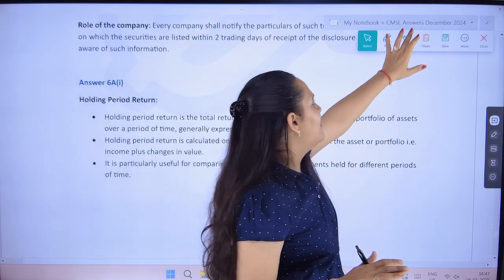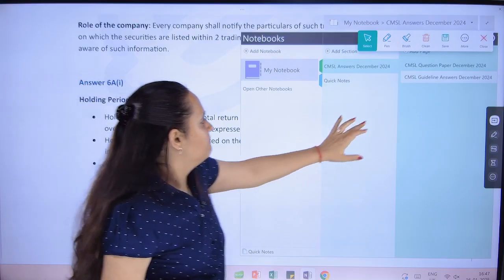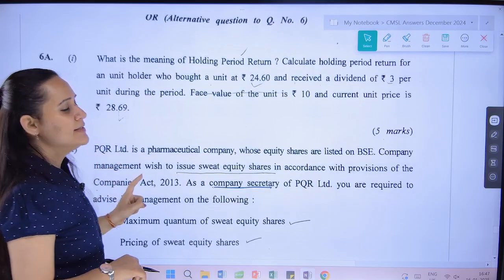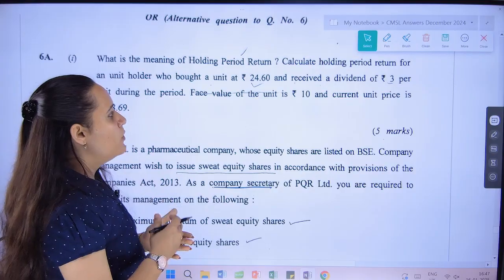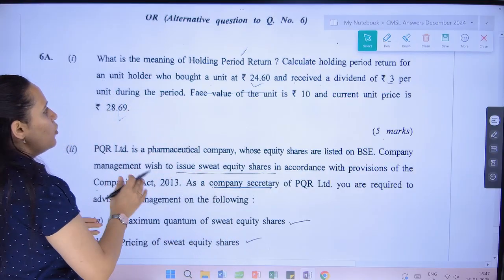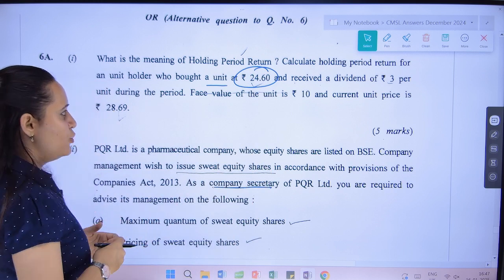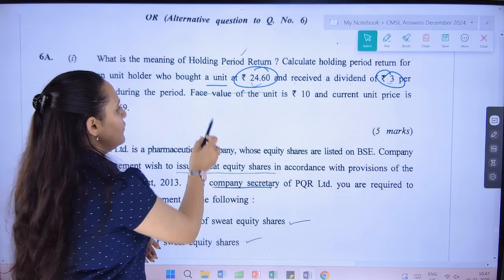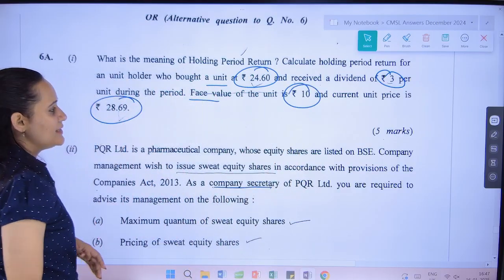Now let's go to the last question, question 6A. What is the meaning of holding period return? Calculate the holding period return for a unit holder who has bought a unit at 24.60 rupees and received a dividend of 3 rupees, and the face value of the unit is 100 rupees, current price is 28.69 rupees.